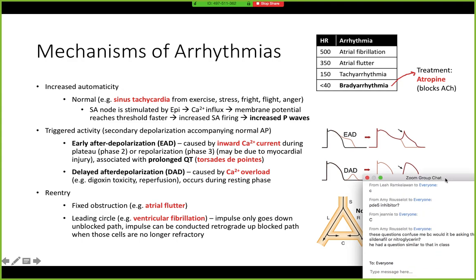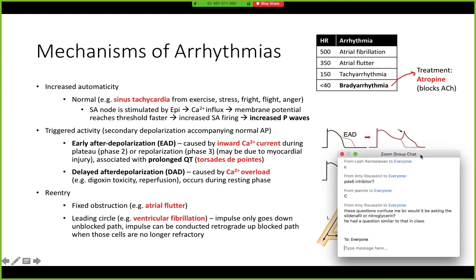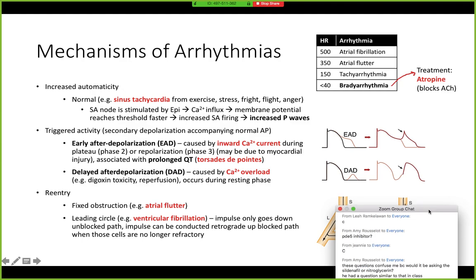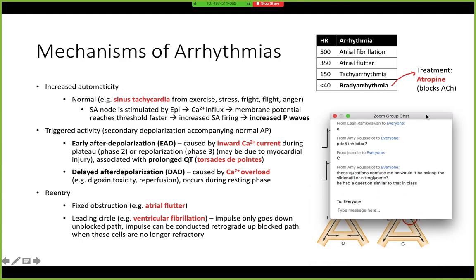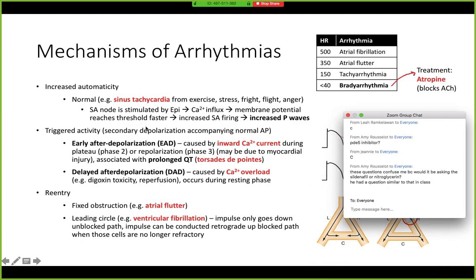But I did add in some screenshots from the Dirty Medicine YouTube channel, from the video that goes through antiarrhythmics. So if you're a mnemonic person, maybe some of those will help.